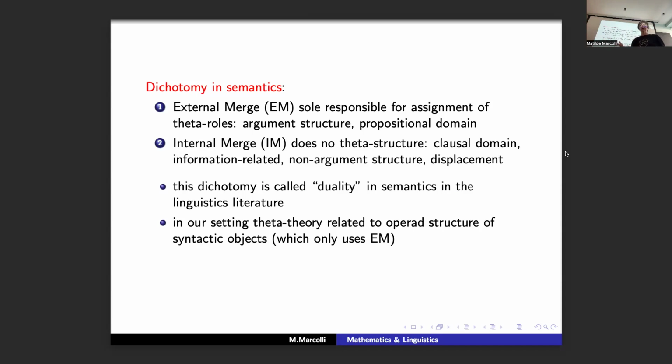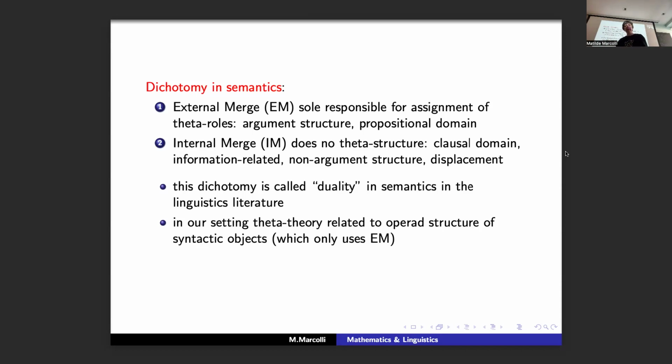In linguistics, these are usually called the propositional domain and the clausal domain. The propositional domain is exactly the building of the propositional elements that have to match. So it's these constraints about what mandatorily have to bind with what in what way. And the clausal domain is more like what is also called non-argument structure or information-related structures that allow you to change certain meanings by moving parts of structures, but it doesn't affect this assignment of roles.